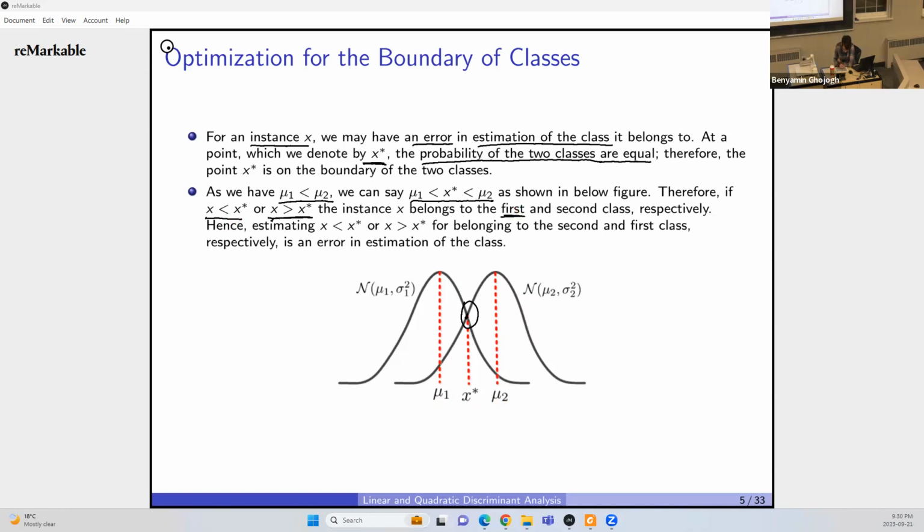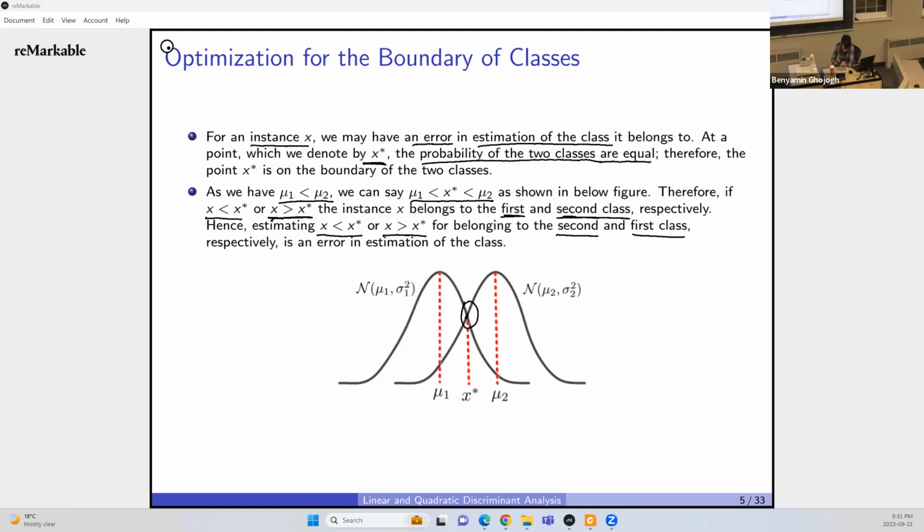If X is greater than X star, it should belong to the second class. If X is less than X star and I estimate it to be in the second class, it's an error. And if X is greater than X star and I estimate it to be in the first class, that's also an error.